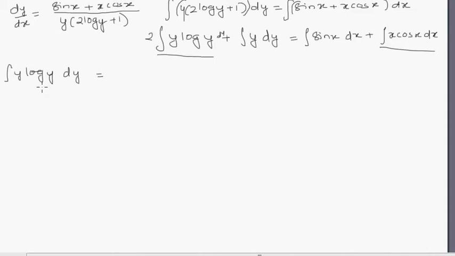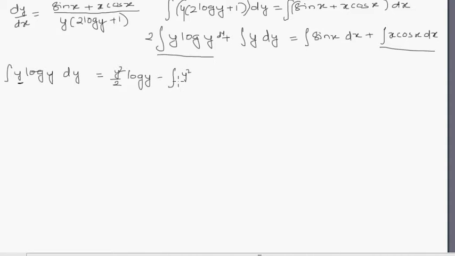First I integrate this part, y, so you get y square over 2 times log y. I keep log y the same, minus the integral of this part. I just carry it over.